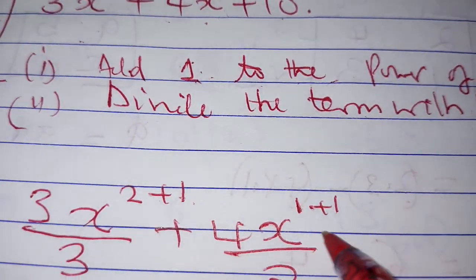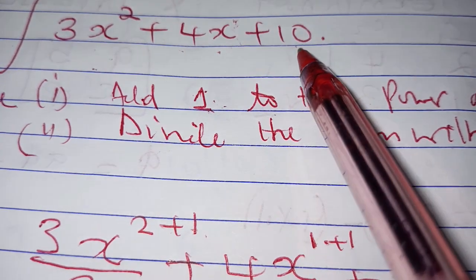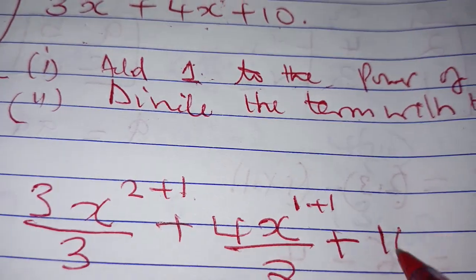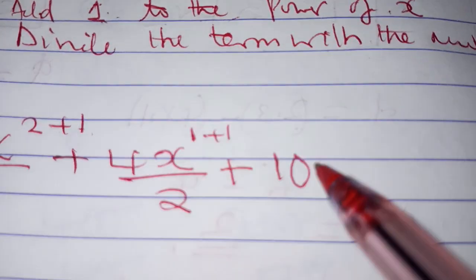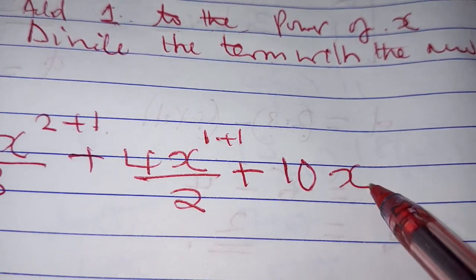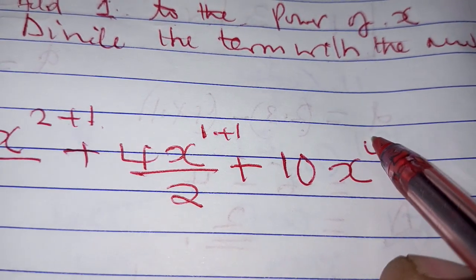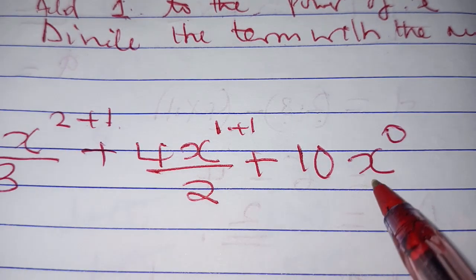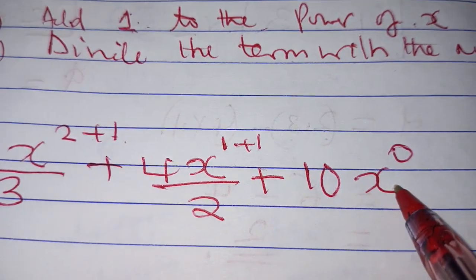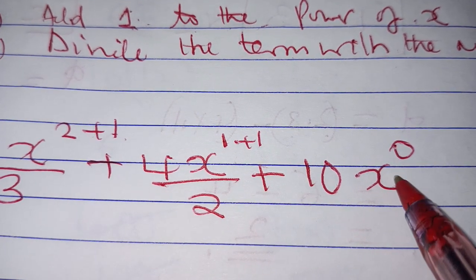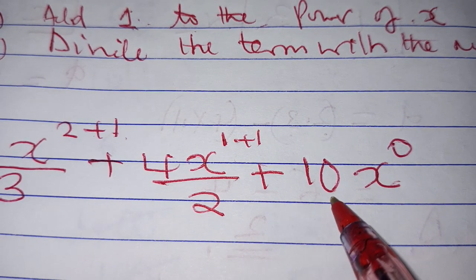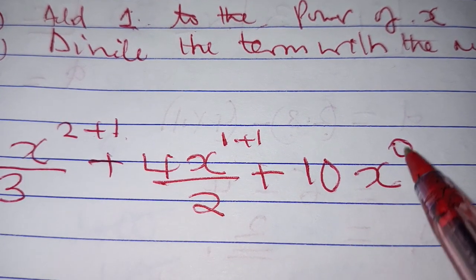Right, next we shall add the term 10. Term 10 meant that we had 10x raised to power 0, because we remember any number raised to power 0 is equal to 1. And therefore, this must have been 10 times 1, which is x raised to power 0.